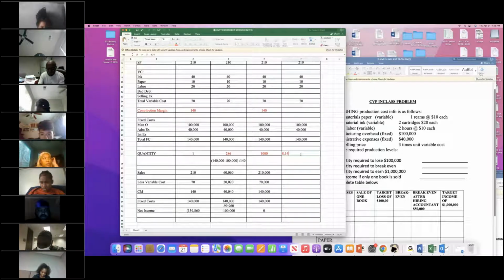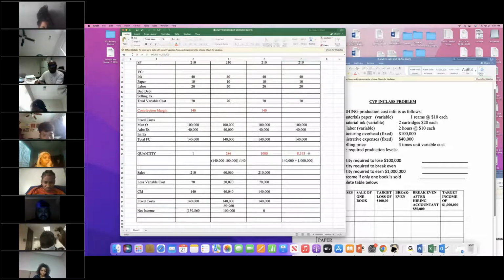Took 140,000 plus 1,000,000 and divided by the contribution margin per unit. I got a decimal when I did that, Professor Boyd. You have to turn it into a whole number, rounding to the nearest number. So I removed the decimal. Yeah, 8,143 is your quantity.